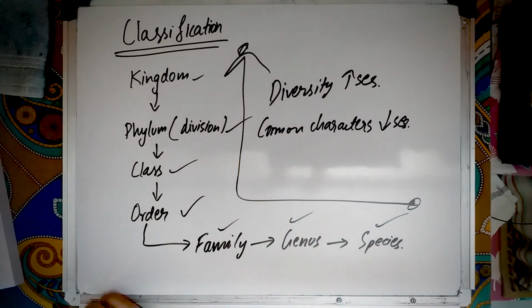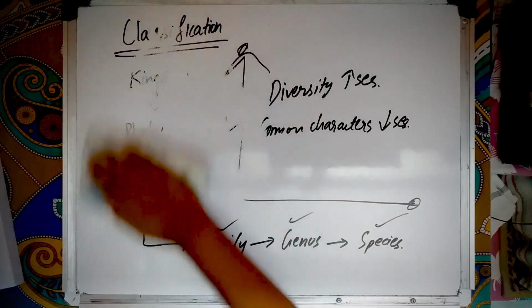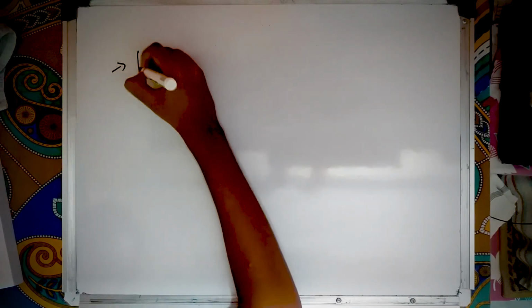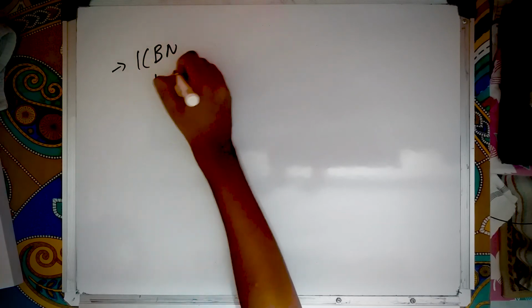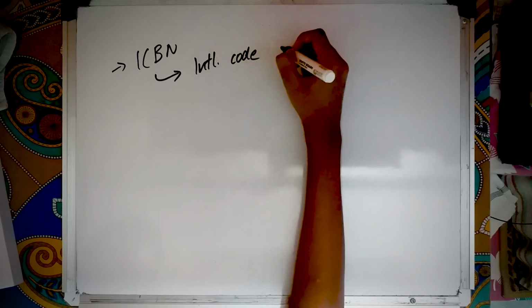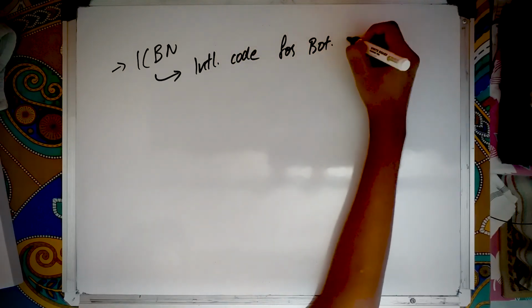Okay. Here, before I end this session, I'll also tell you about some of the code names. The nomenclature and the rules of the nomenclature are given by the ICBN, that is the International Code for Botanical Nomenclature.